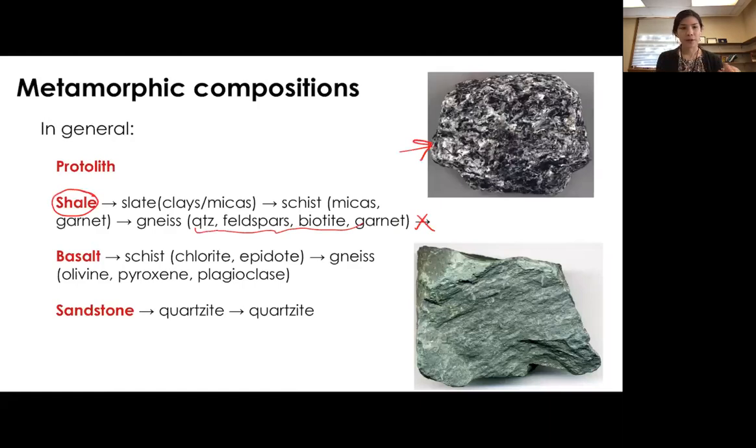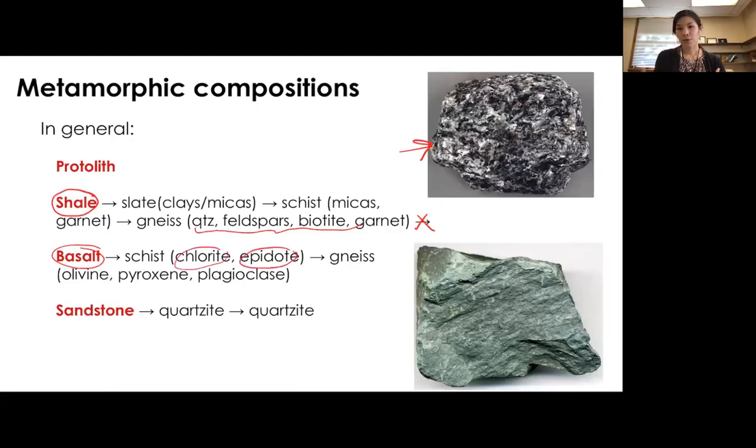Another common protolith that we see are basalts. So if you remember, basalts are the fine-grained mafic extrusive rocks. So they're going to be made of a lot of pyroxenes, maybe some hornblende, and some calcium plagioclase. As basalts metamorphose, they tend to form a schist that may be dominant in chlorite and epidote.